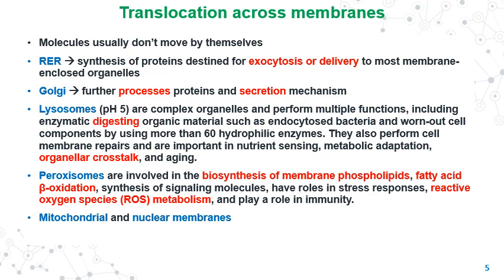All right. So here, a bit of a step back: what does it mean when you're transporting things around, and especially when you're transporting things through membranes? We know that molecules usually are not going to travel by themselves, right? So when you're looking at transport through rough endoplasmic reticulum, Golgi, lysosome or peroxisomes, those are all part of your endomembrane system.